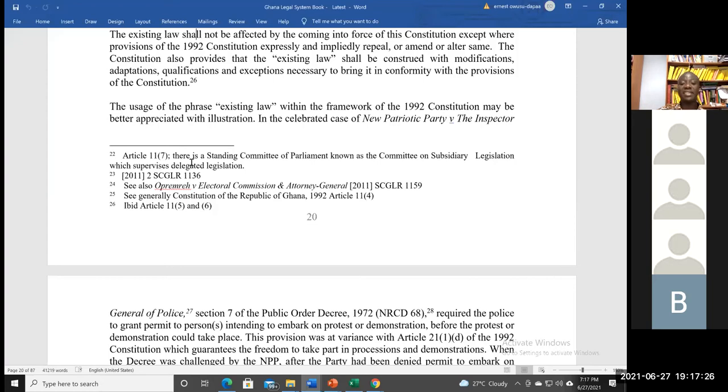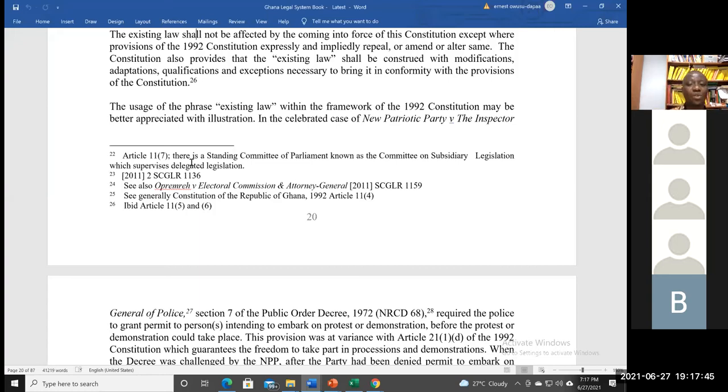So I've just mentioned that as an example to illustrate the point that the litmus test for an existing law to continue to be treated as part of the laws of Ghana is that it must be in agreement with the letter and spirit of the Constitution.